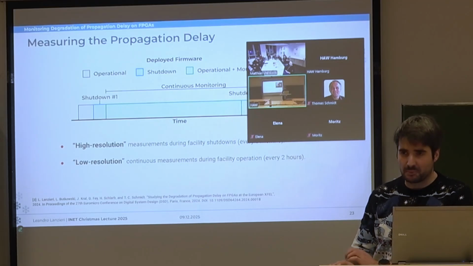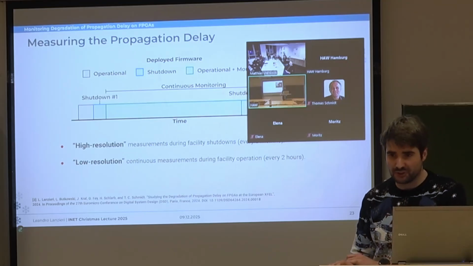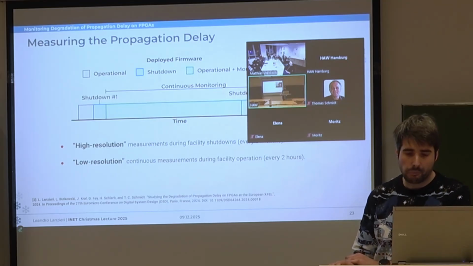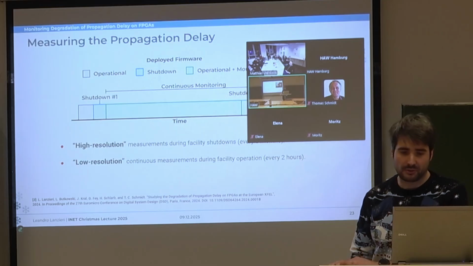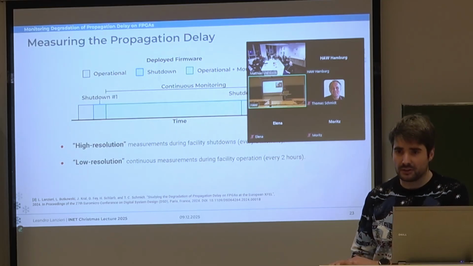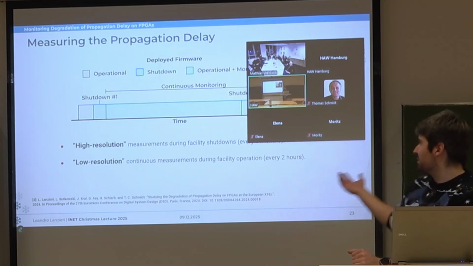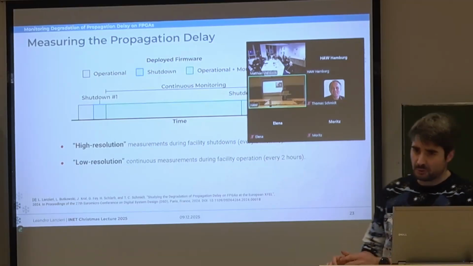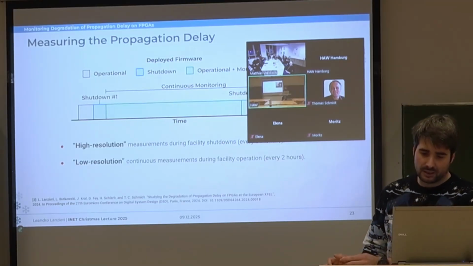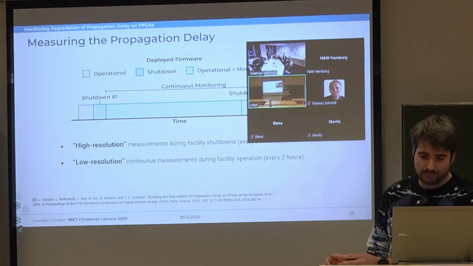And even with the measurement procedure, it didn't really disturb anything. We were just taking the measurements from the PCI Express interfaces that they exposed, and it didn't really affect the operation. I mean, we did measurements every 2 hours. It probably could have been more, but everything was working correctly.